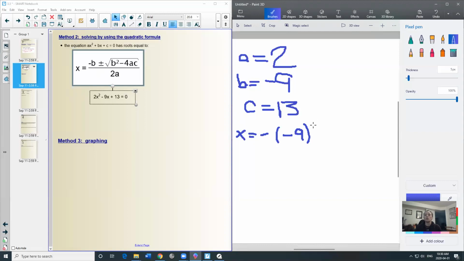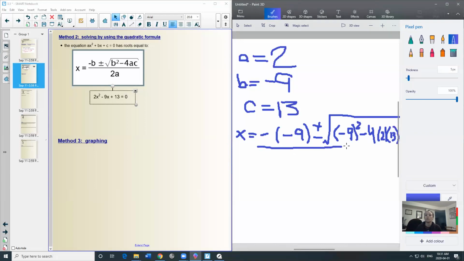Now we are going to plus or minus the square root of b squared, so negative 9 squared minus 4 times 2 times 13, and this is all over 2a, and my a value is 2.